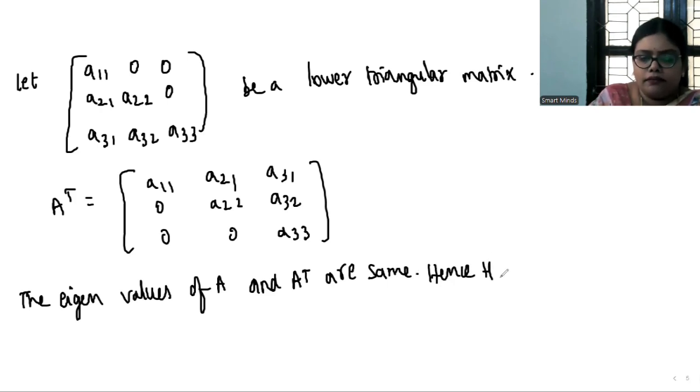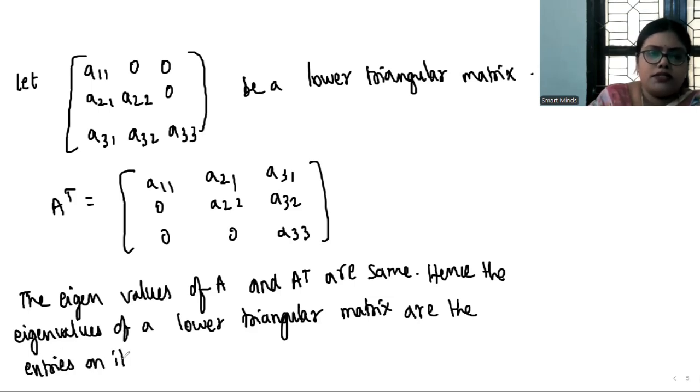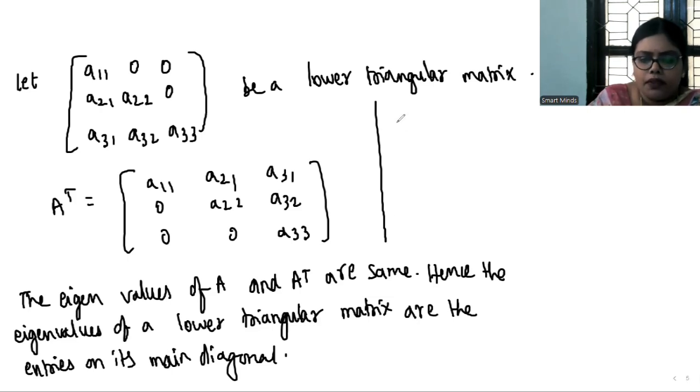Hence, the eigenvalues of a lower triangular matrix are the entries on its main diagonal. Finally, I am concluding it over here.